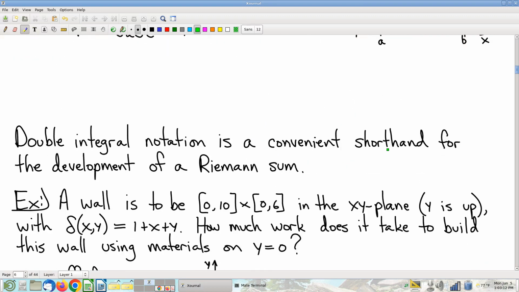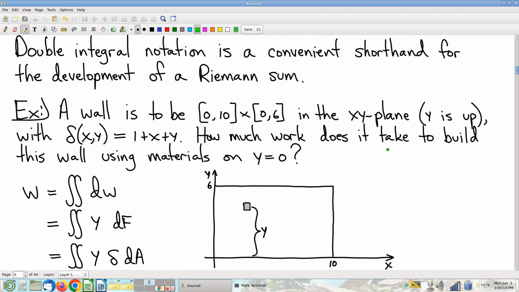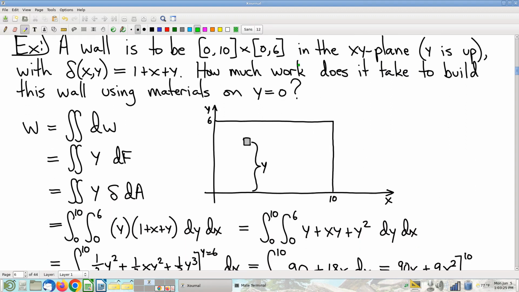Okay. Now, some more examples of what I'm going to call double integral shorthand for developing a Riemann sum. This is just an example. Let's suppose that we have a wall that we're going to be building. I came up with this example, if I remember correctly, when my house was being built, and they were building a nice stone facade on a certain part of the house.